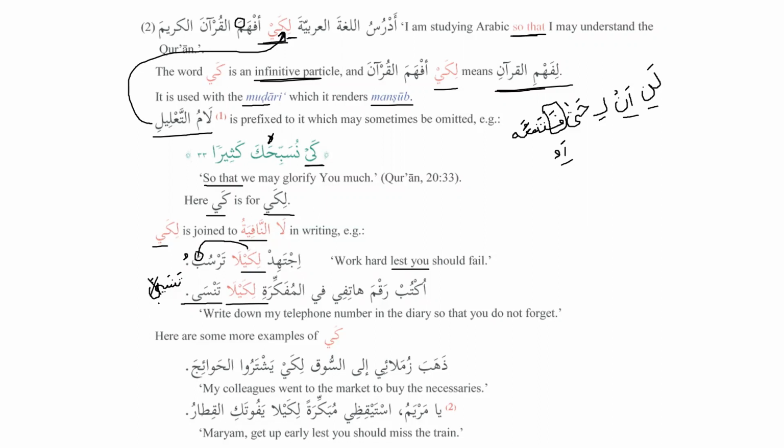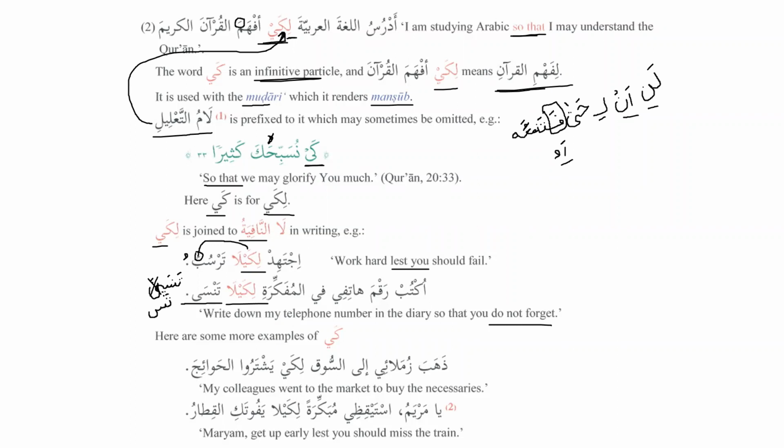You remember? It was basically tansayna. Write down your telephone number in the diary so that you don't forget. So I'm talking to a feminine next to me. So I say likay la tansay, so that anti, yani you don't forget. If I have masculine in front of me, then what will be the ending? Likay la tansa.